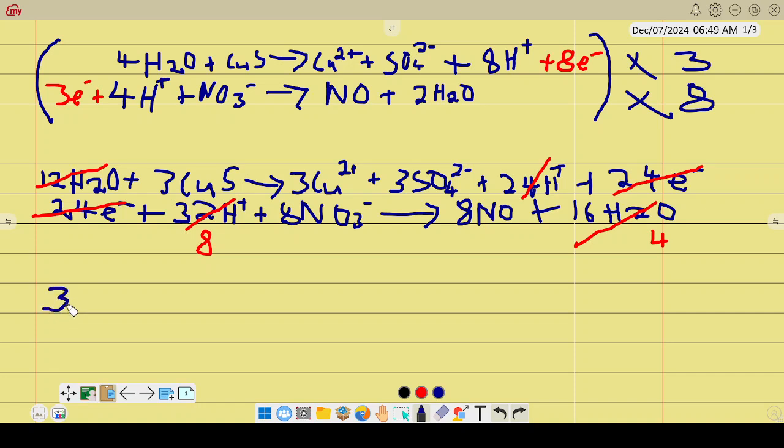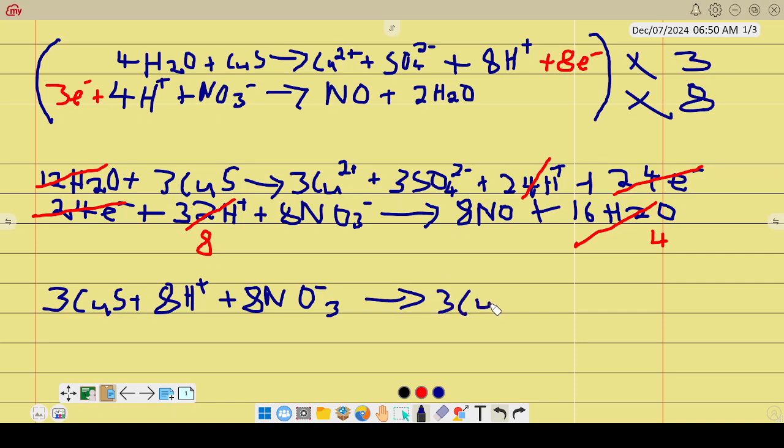So we'll remain with 3 copper sulfide plus, here not everything went, remained with 8 hydrogen ions and 8 nitrate ion, so that we get 3 copper ions.